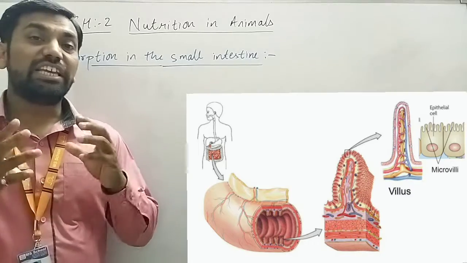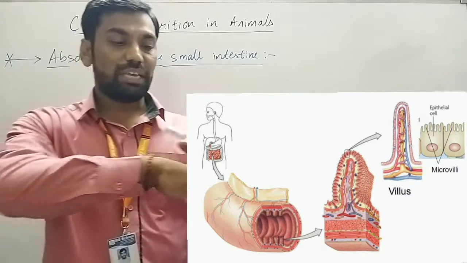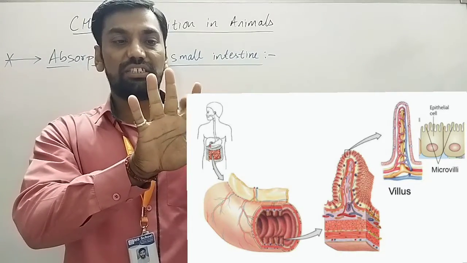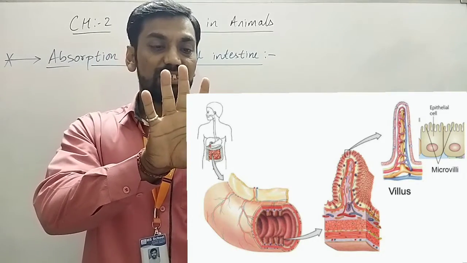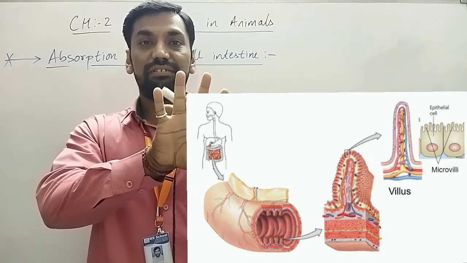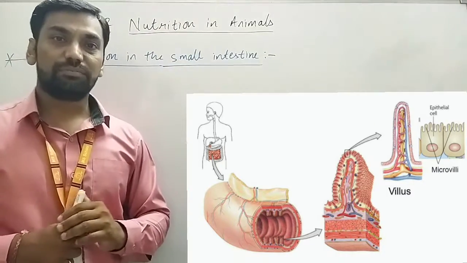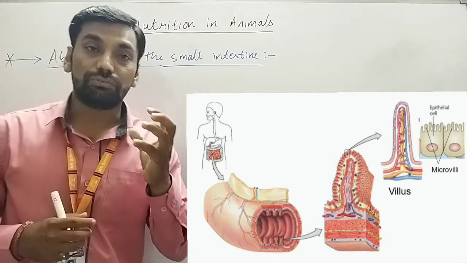They increase the surface area of absorption. If there are such finger-like projections, absorption will take place more, because the surface area is increased. Similarly, the villi increase the surface area for absorption of nutrients.